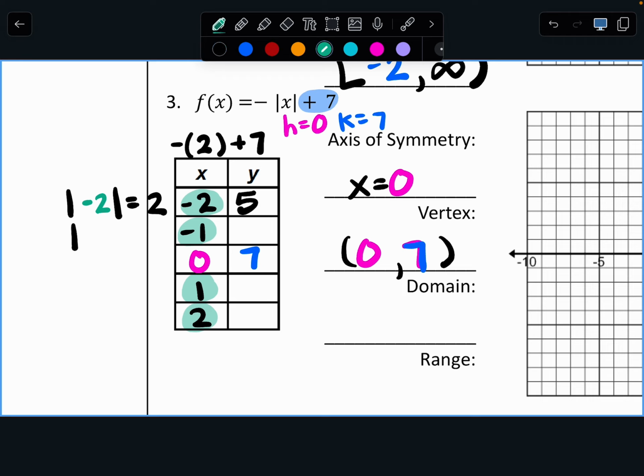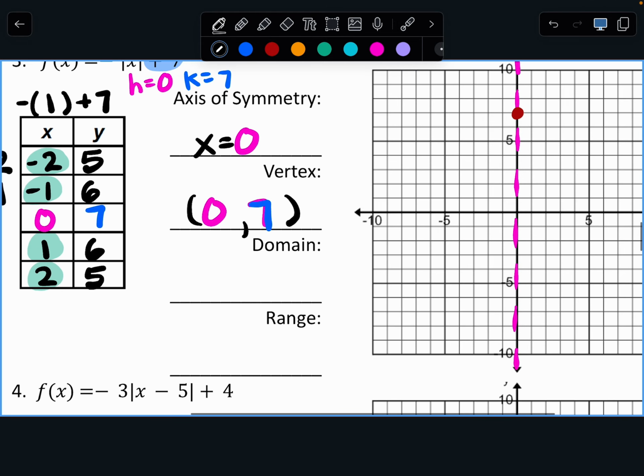The absolute value of -1 is 1. So -1 plus 7 is 6. And now I can just fill in the rest of this here and plot my points. -2, 5; -1, 6; 1, 6; and 2, 5.